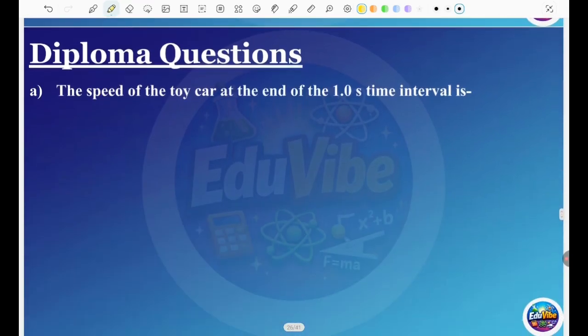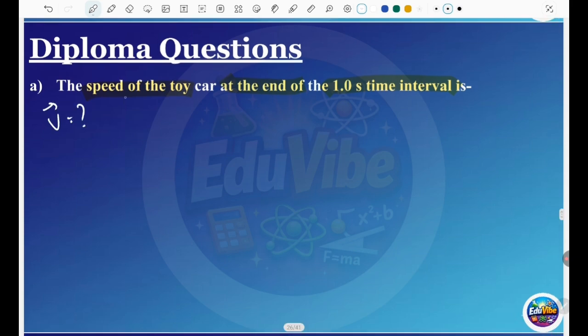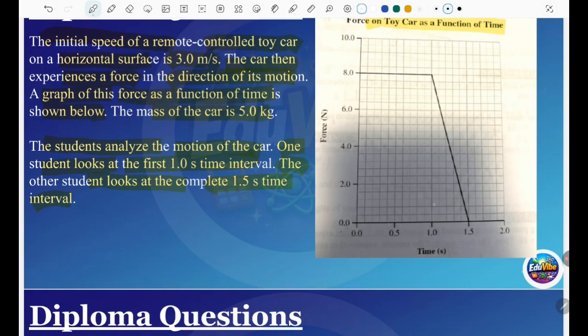First, we have to find the speed of the toy car at the end of the 1.0 second time interval. At 1.0 seconds, our force is this one, which is 8.0 newtons.